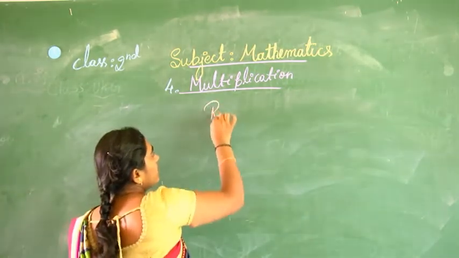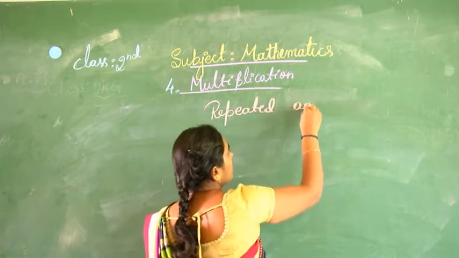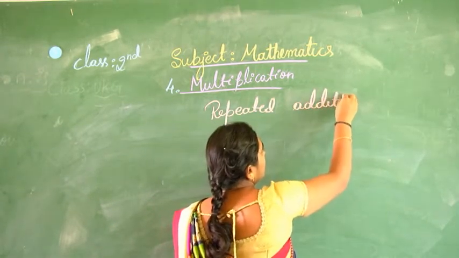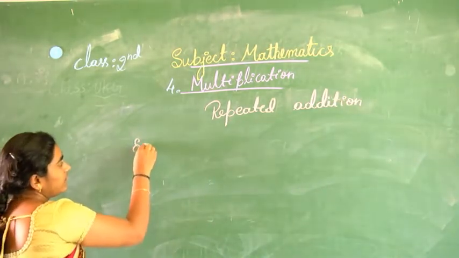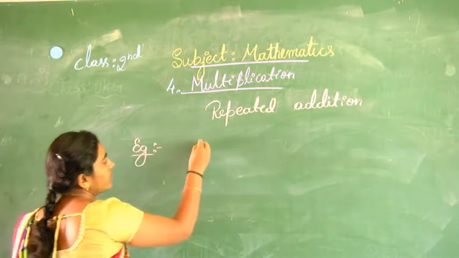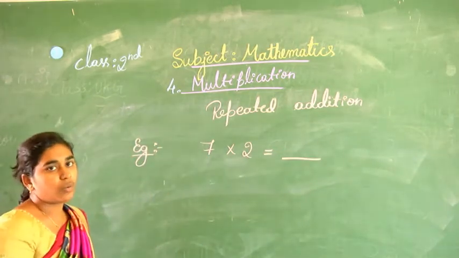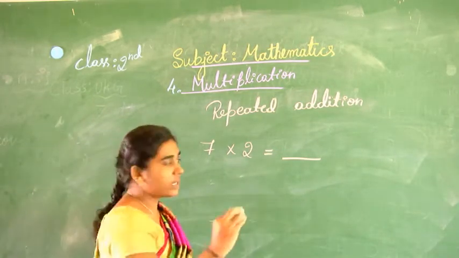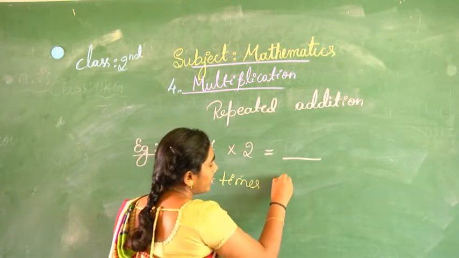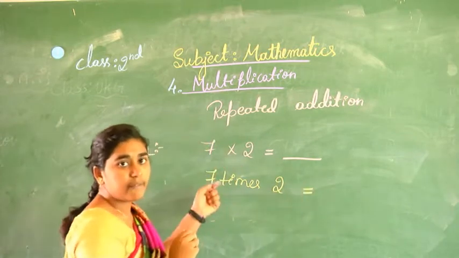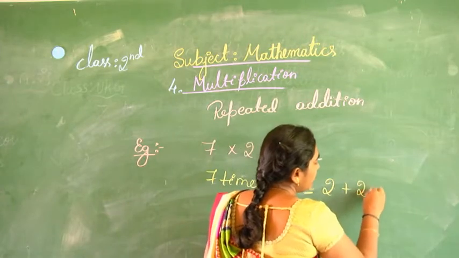Suppose they are asking the multiplication of 7 2s, how much is it? What we will write, as we have used in the number line, we can write the same as 7 times 2. 7 times 2 means we have to write the number 2, 7 times.